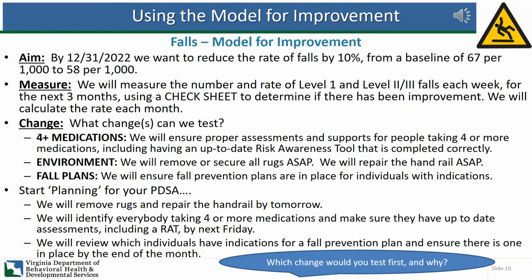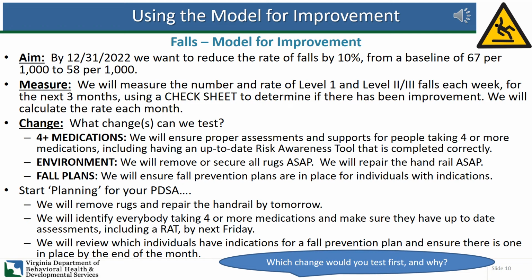We've also been using the example of preventing falls throughout this training series. So here we've taken it to the next step of using the model for improvement and answering our 3 questions for preventing falls. We've set our aim that by the end of the year, we want to reduce the rate of falls by 10% from a baseline of 67 per 1,000 to 58 per 1,000.